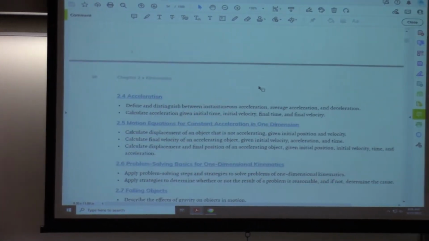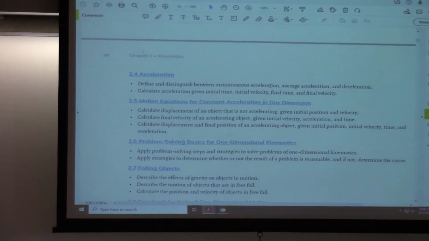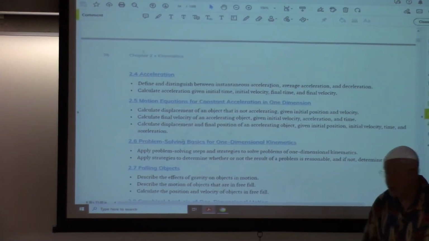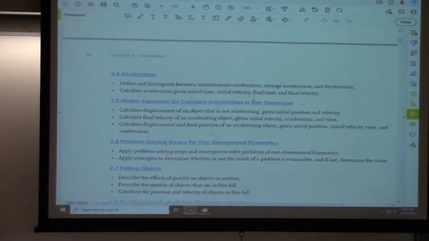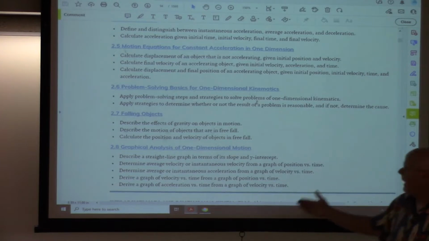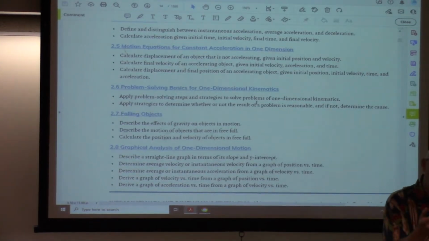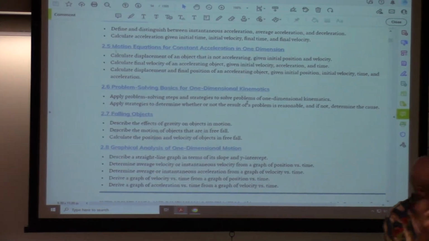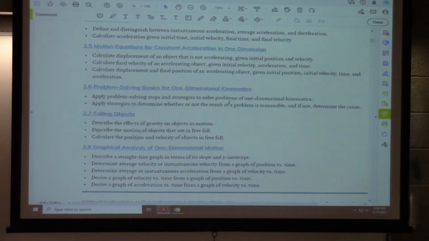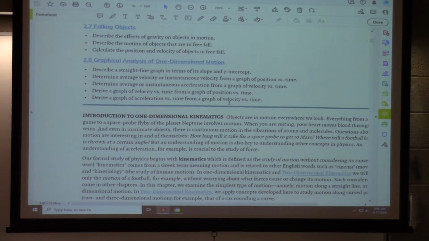Goes on to the next page, acceleration, then he gets into the equations, then he gets into solving problems, he gets into more one-dimensional motion by falling or dropping an object, and then of course all of this involves math, and math can be described in a graph. So that's really the goal for this next hour and a half: what is the mathematics of all of this speed, velocity, and acceleration.